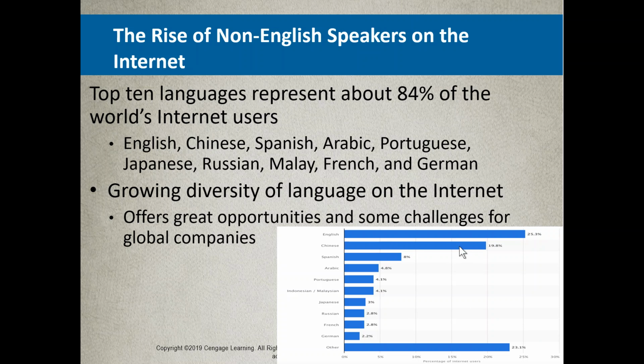Chinese or Mandarin is number 2, which makes sense because of the number of people. Now, I'm surprised that India or Punjabi or other languages aren't in here, but maybe because a lot of people in India speak English. I'm not sure. But kind of an interesting statistic.